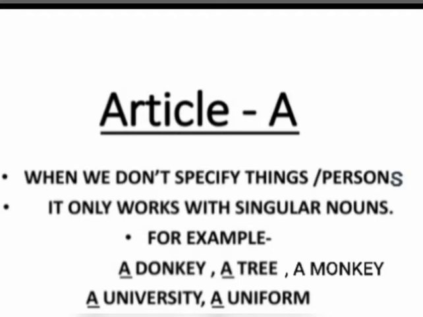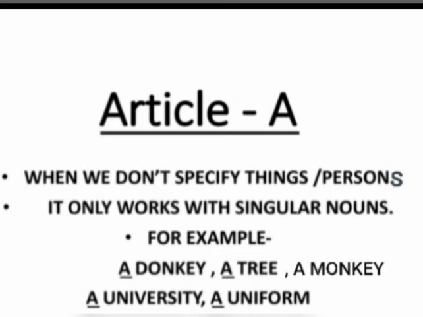We use a in front of consonants as well as consonant sounds, like a donkey, a tree, a monkey, a university, a uniform. So as you can see, the first letter of the words donkey, tree and monkey are consonants.